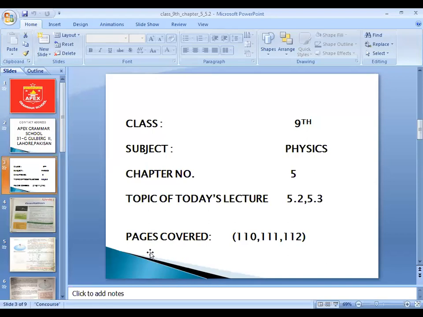These two topics are on pages 110, 111, and 112. We will do the example as well, which is on page number 111. Pages covered in today's lecture are 110, 111, and 112.